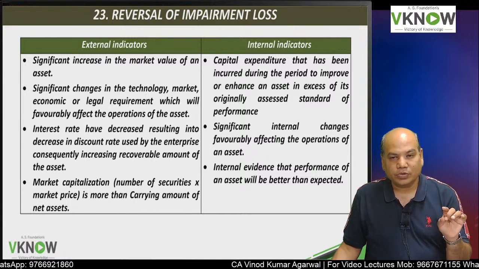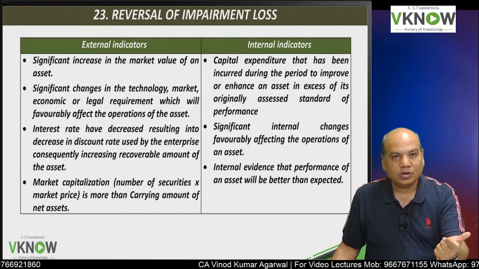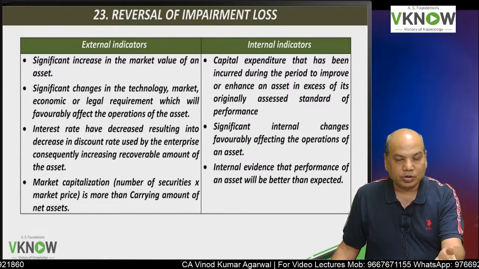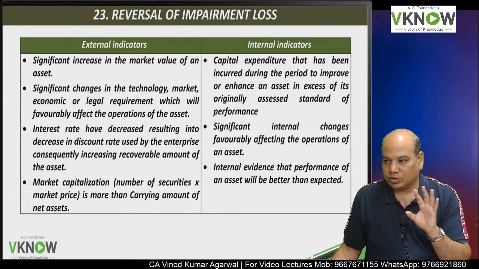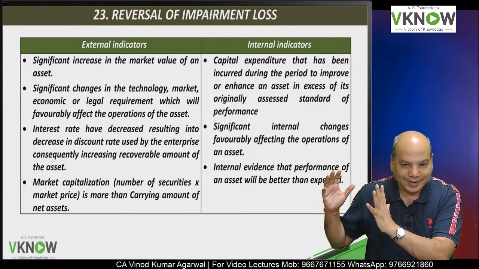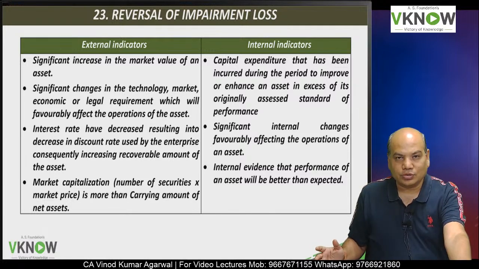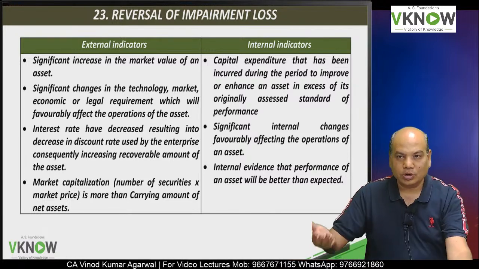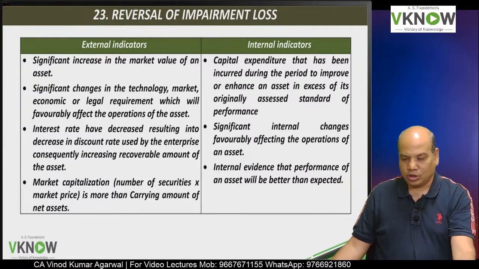Just like when you searched for indication of impairment and provided for impairment loss, similarly you have to search for reversal of impairment loss. The indication can come from either an external source outside the organization or an internal source, within the organization.